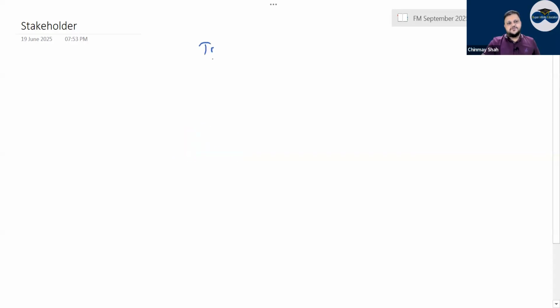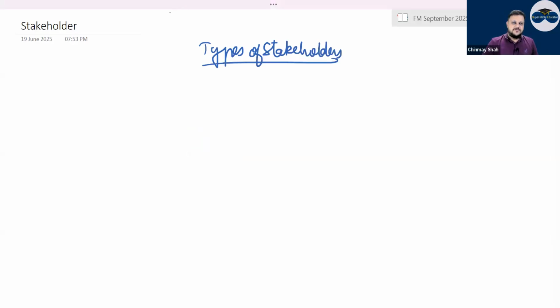First write the heading: types of stakeholders. After this, first you hear it out, then I'll give you time to copy it down. Okay.